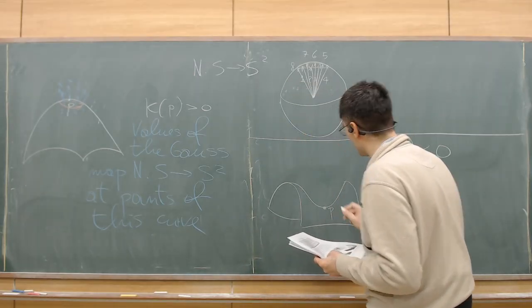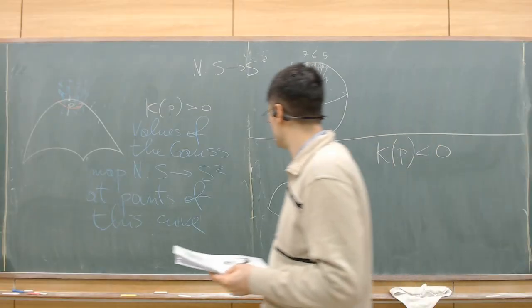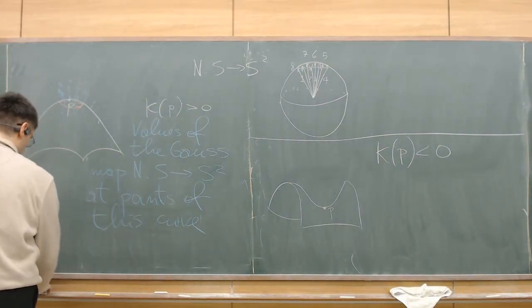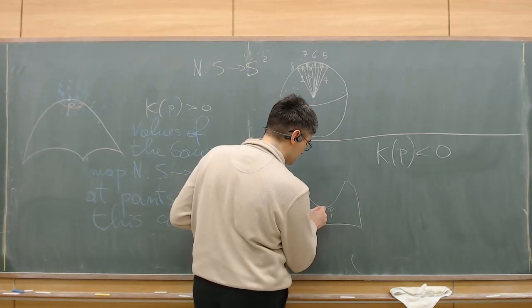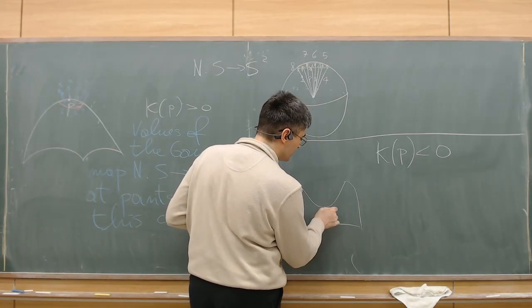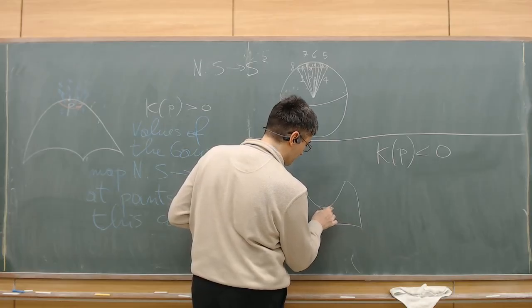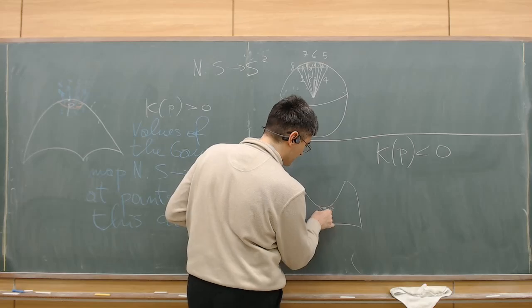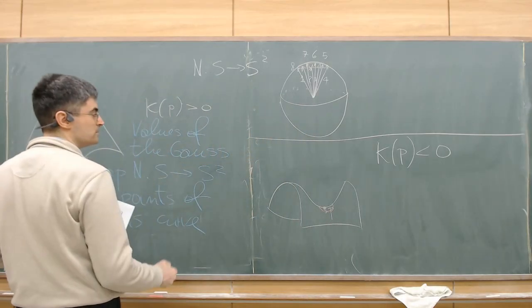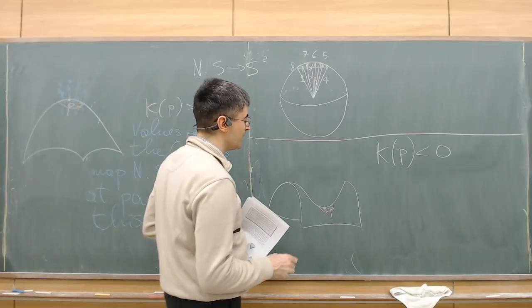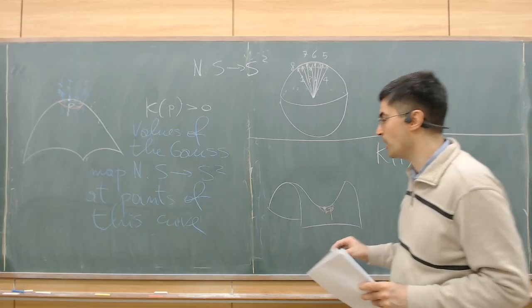This is a point where the Gauss curvature is negative. Once again, we consider a small loop contained in a neighborhood of P. And we consider the values of the unit normal vector field to this surface at 8 points.